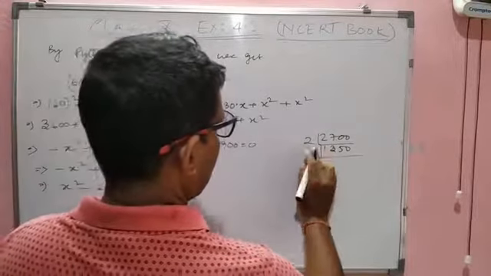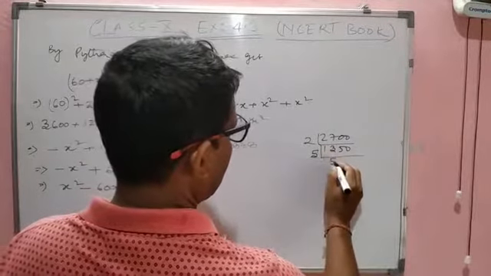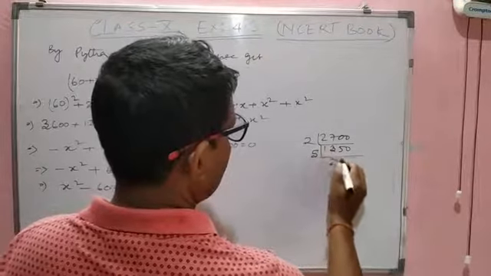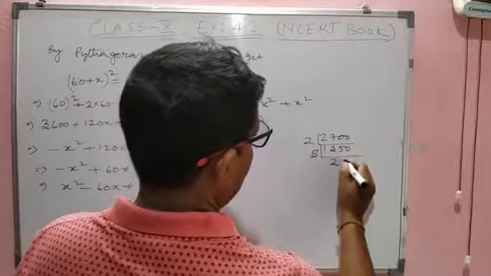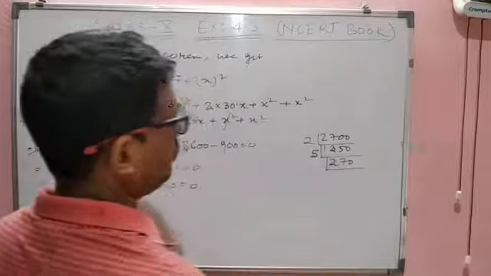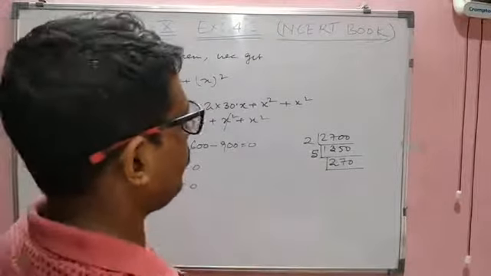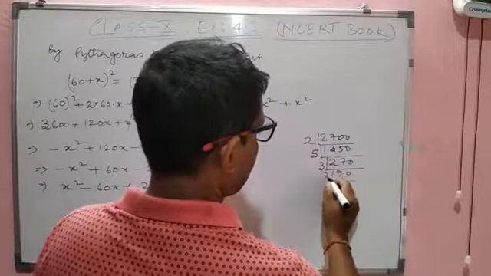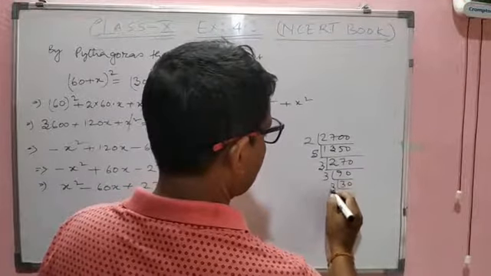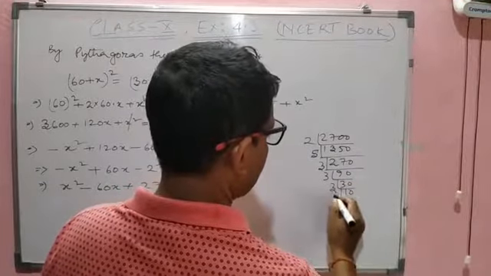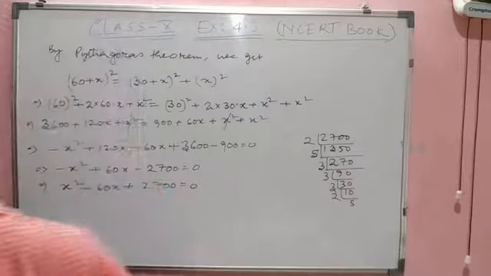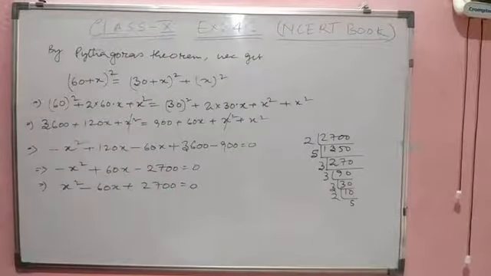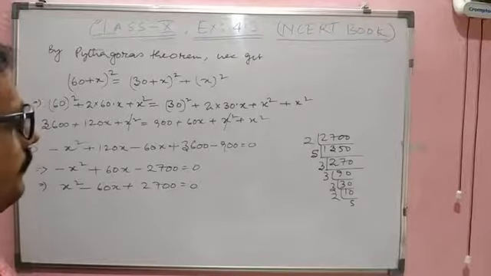Then again by 5, 5 twos are 10 and 5 seven s are 35. Again by 3, 90, 3, 30, 3, 10, 2, 5. Now we have to find out 60. How to find 60 from here?